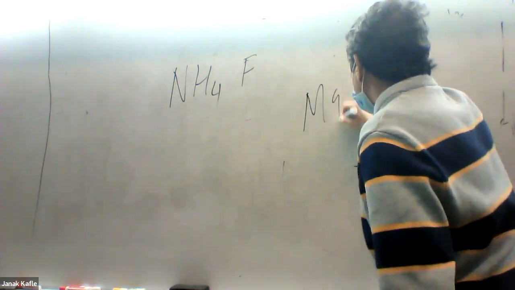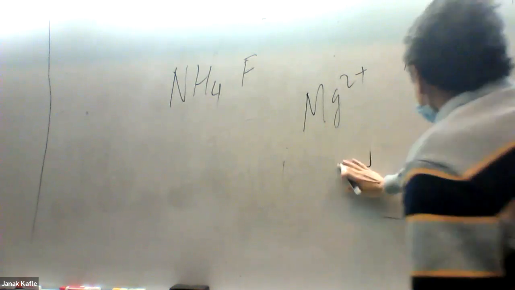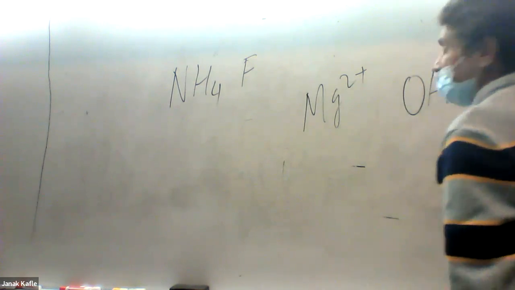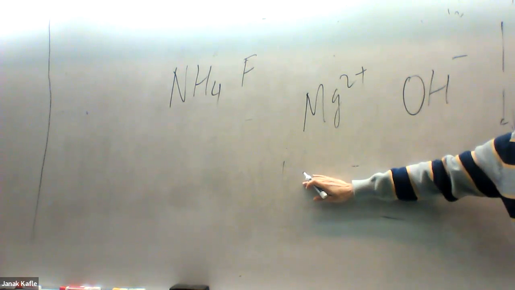I go up here, it is magnesium, Mg2+, and down here, there is S, S2-. Or maybe I'm looking at OH here: Mg and OH-, like that. Have you got that? Just like the multiplication.